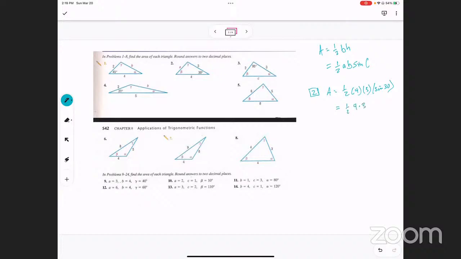Right? So those cancel with that, and your answer is just 3. Don't even need a calculator. The area of 2 is 3. Okay. You try number 3. Tell me how number 3 would go.